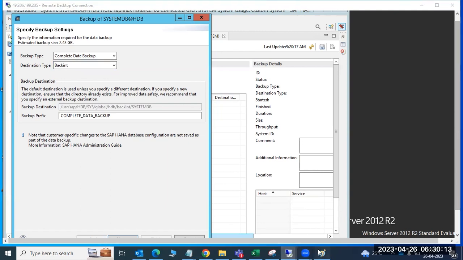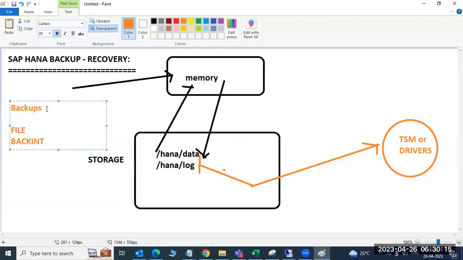We have two backup destination types. File backup means somewhere in your system it will create the backup file. Back INT means external file systems.